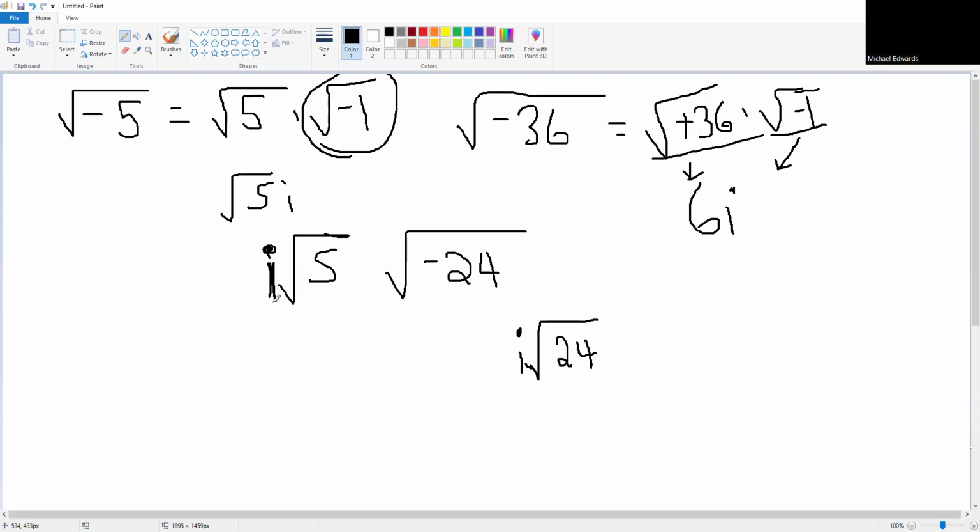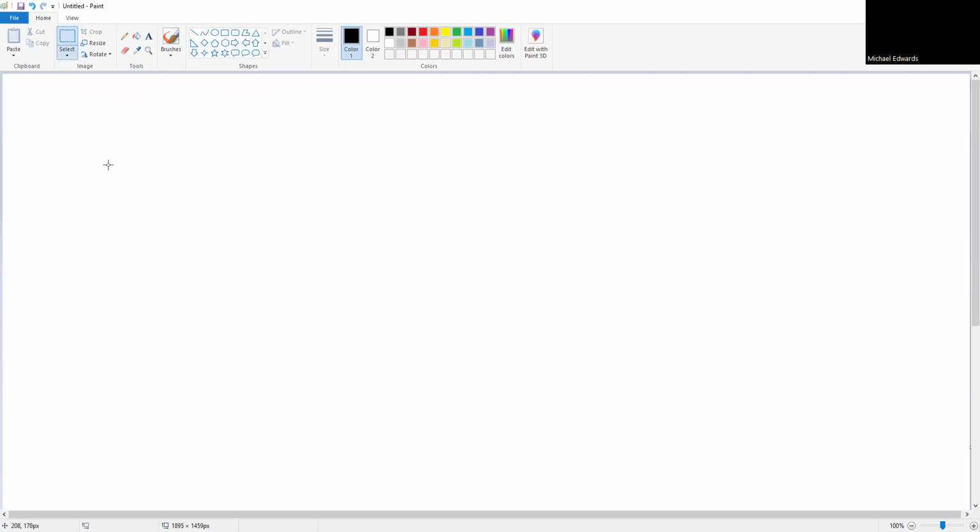So back to complex numbers. A complex number would be something like this. If I had 2 plus 3i.